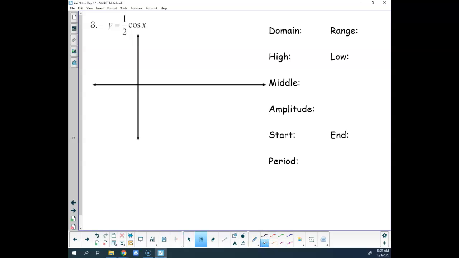So, it's all real numbers. Middle is going to be 0. Amplitude is going to be 1/2. So my high is going to be 1/2. My low is going to be negative 1/2. That so far.